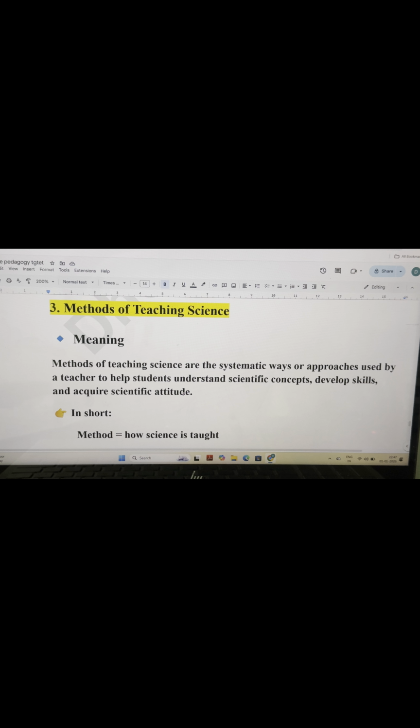Whatever aims, values, objectives we have discussed, everything will be used in methods of teaching science. These are systematic ways or approaches used by a teacher or a facilitator to help learners understand concepts, skills and acquire scientific attitude that is related to science.